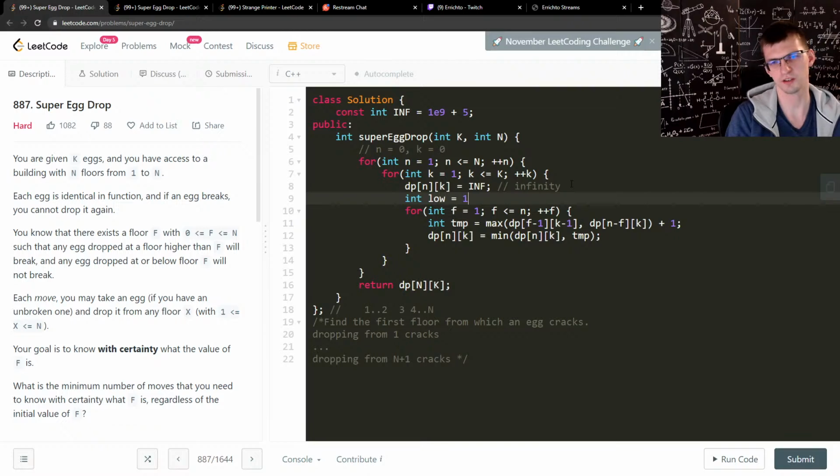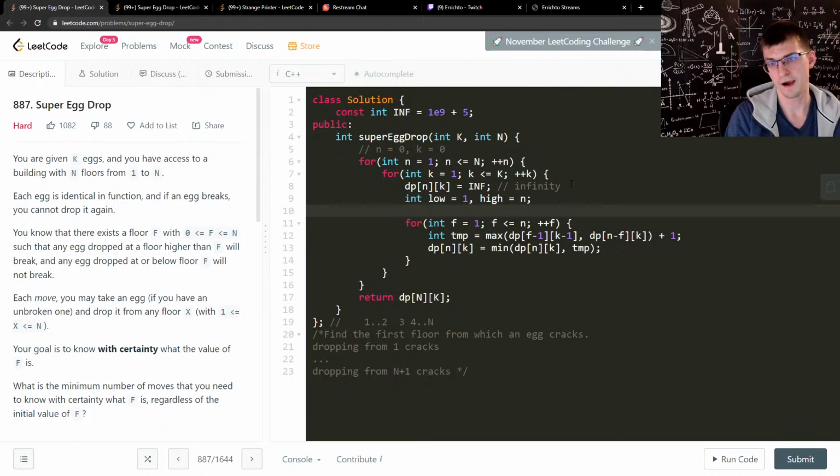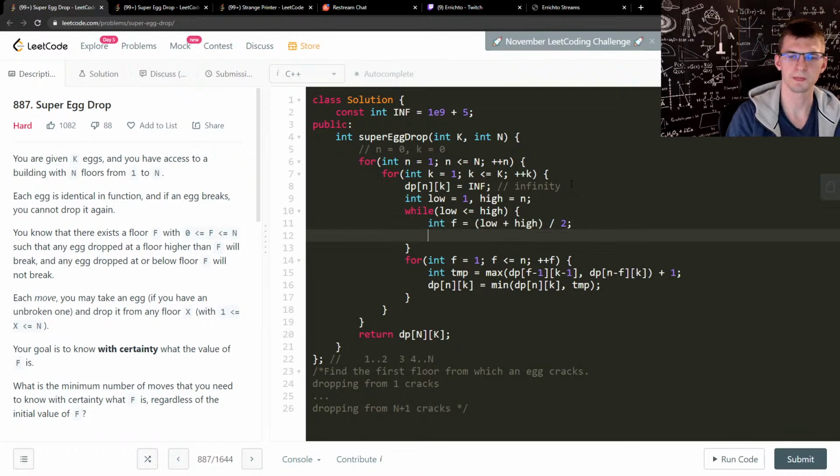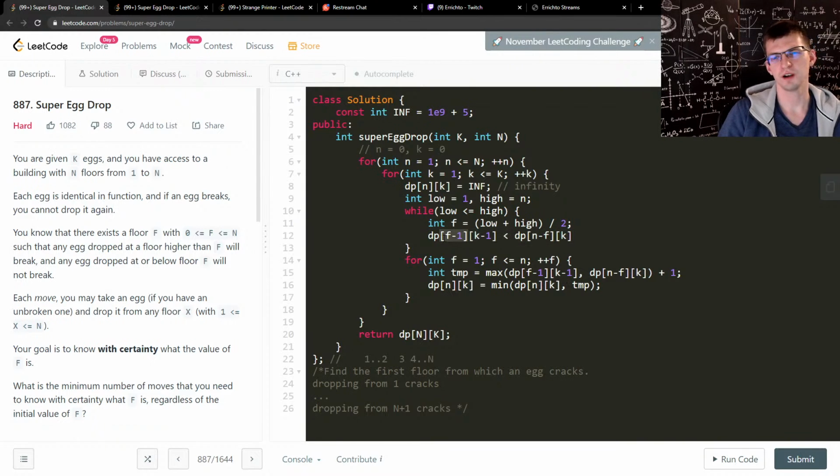We need to do some kind of binary search here from 1 to n, from where to drop, while low is smaller or equal to high. F is the middle point, so let's say this version is easiest. We consider dropping from f, and we compare those two values. F minus 1 corresponded to going below because the egg didn't break... er, because the egg dropped.